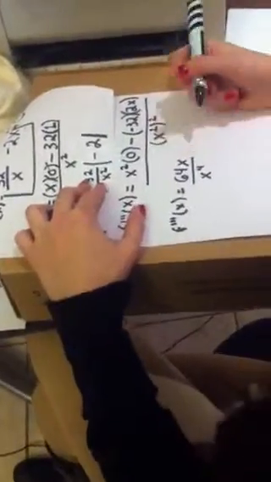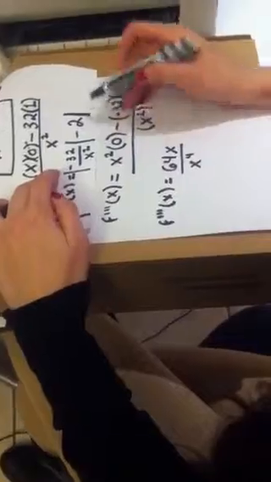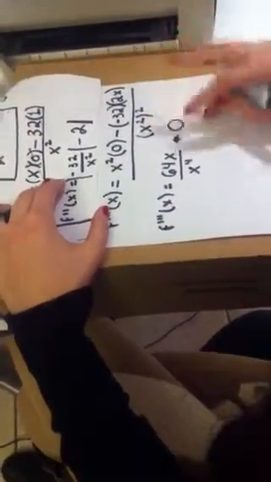And the derivative of the second term, we don't have a variable, so it's 0. Well, it's subtract.